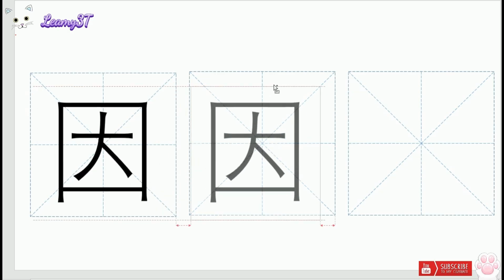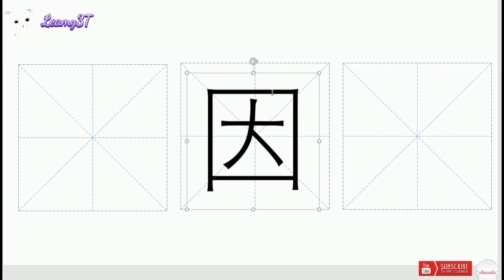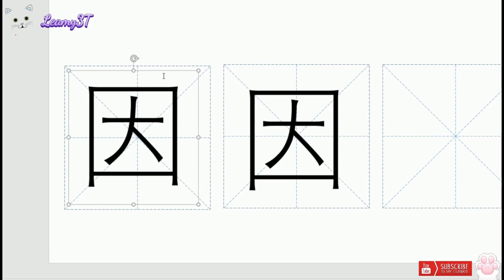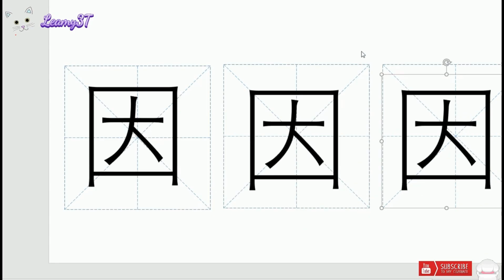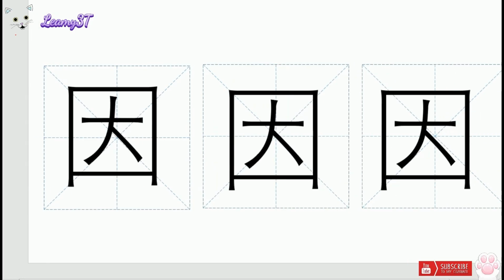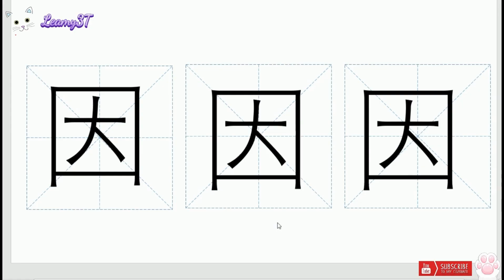And this design allows Chinese characters to be neatly arranged in rows, making them easier to read and write.